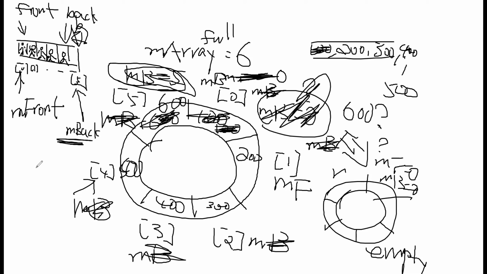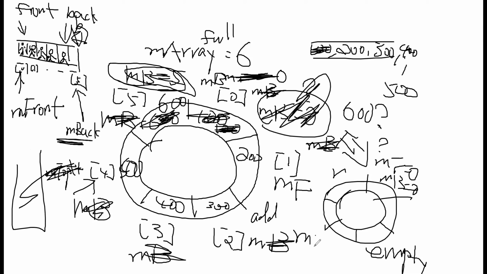Previously when we discussed the stack, each time you add a new item, you do top plus plus. Based on what we just discussed, whenever we want to add a new item, m back is also plus plus, incremented by 1 until it reaches 5. When it reaches 5, it's okay.